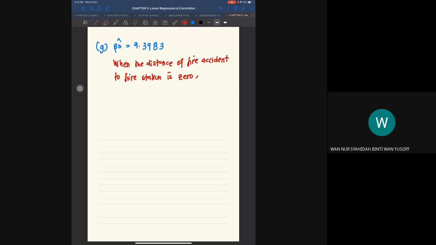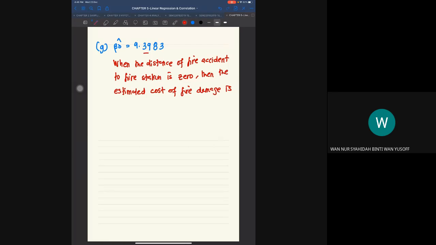Sometimes we use help constant sama. Then the estimated y, so y is the cause of fire damage, then the estimated cause of fire damage is, then you state the beta node with the unit of y.